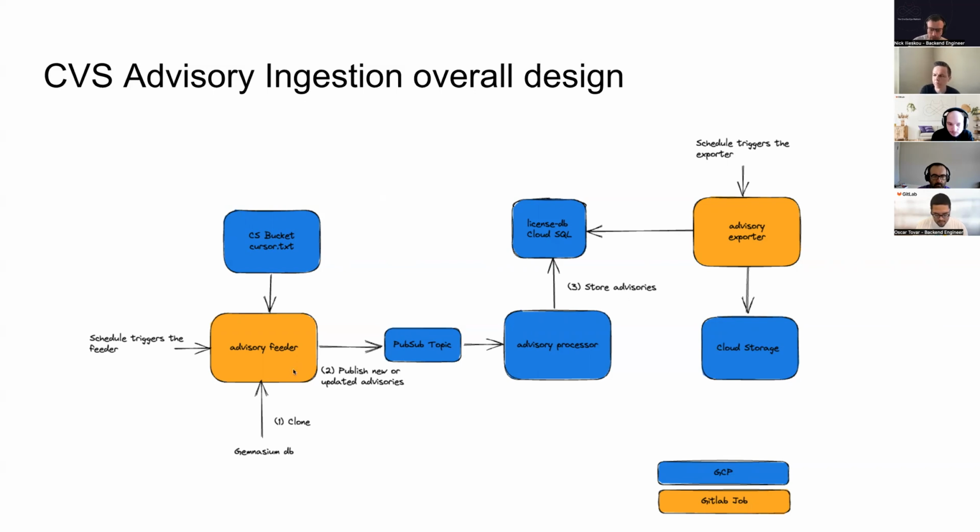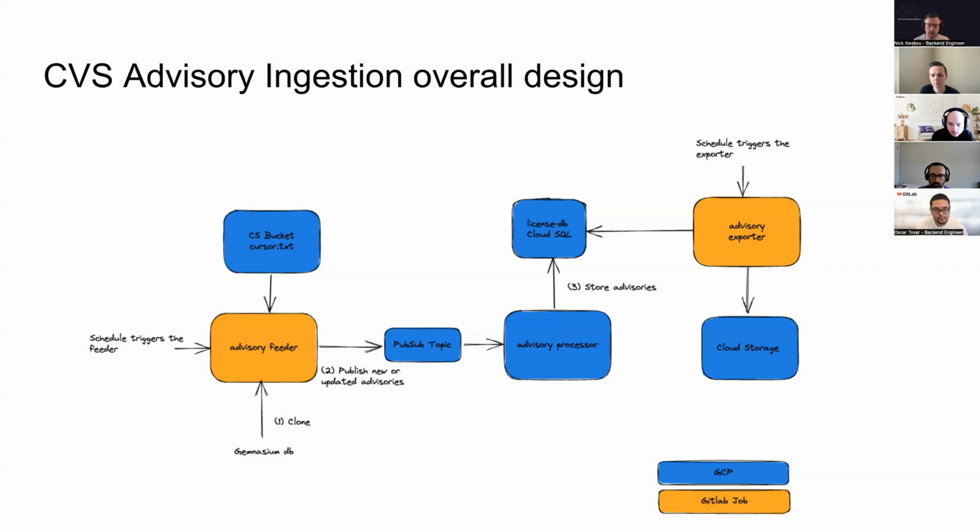So the main idea is the following. The first component is the advisory feeder. The advisory feeder works more or less the same way the license feeder works, in the sense that it gets triggered by a schedule. We can execute this job once per day or multiple times per day, it doesn't really matter. It's going to clone the GemnasiumDB. I'm talking about GemnasiumDB because that's the scope right now. It's going to fetch information from a GCP cloud storage bucket.